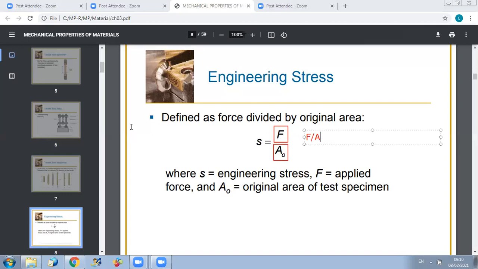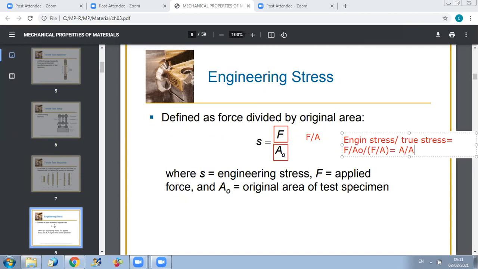Now, of course, we have a relation between both. So if we say this is the engineering stress, and the definition of true stress is F over A, we can say that the engineering stress over the true stress is given by F over A0 divided by F over A. So you have that it will be equal to A over A0.